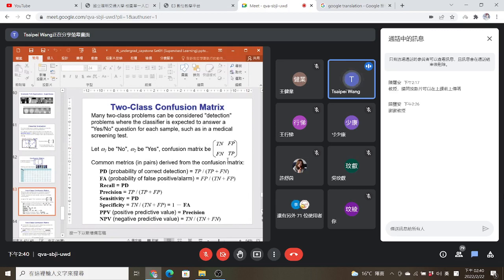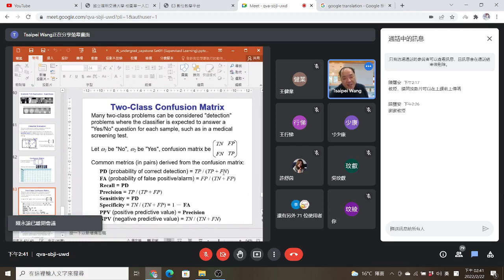From all those 4 values, there are many different ways to extract two values. Usually, two values come in pairs, two measures for comparing classifiers. For example, PD, that's probability of correct detection. It's the ratio of true positive samples that can be identified or predicted as positive.